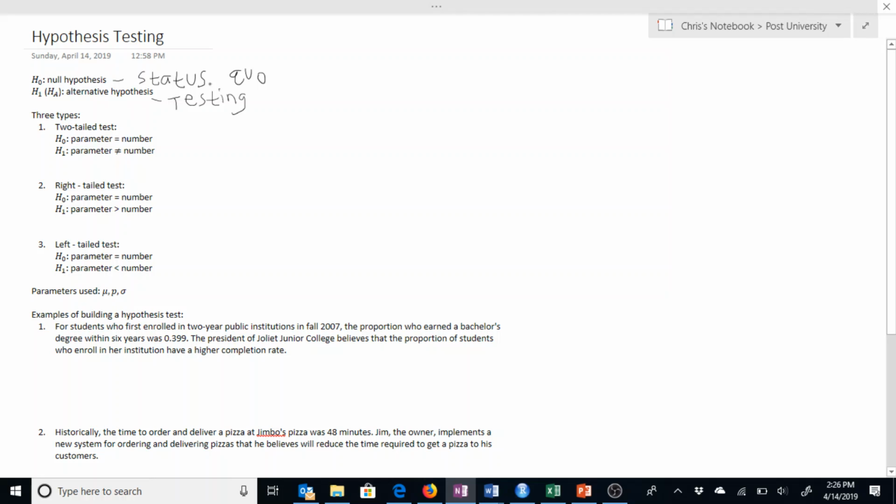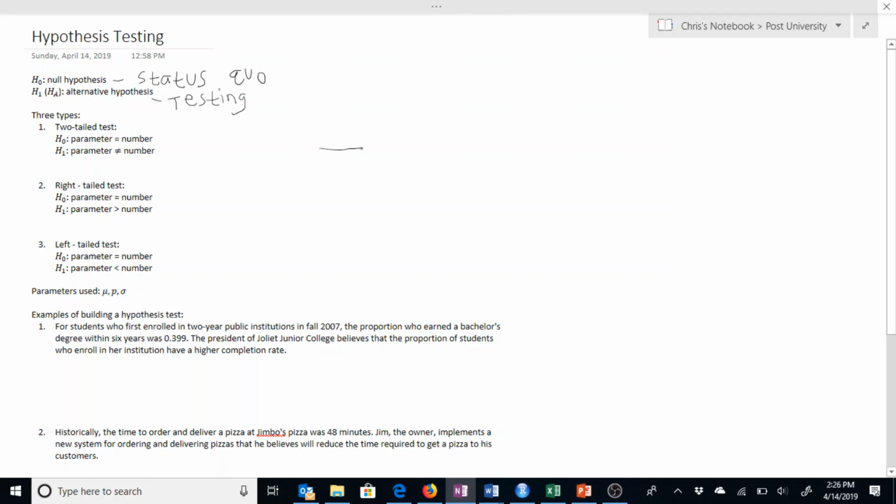The main types of them that we typically see within statistics. First, this two-tailed test, where we have the null hypothesis, where whatever the parameter is equal to a number, and the alternative hypothesis is that the parameter is not equal to the number.